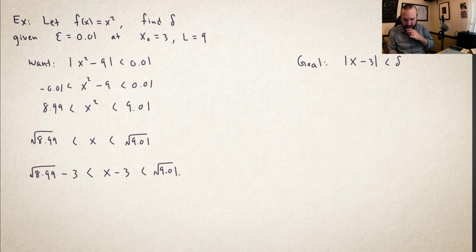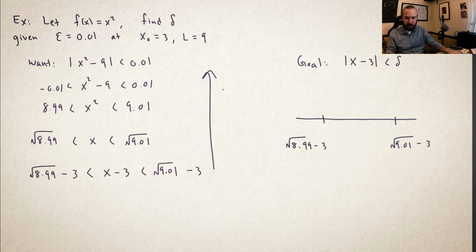And given an epsilon is 0.01, I'm just trying to figure out a delta that is going to guarantee that this process is reversible. So I know that all of the x's that are in this range are going to guarantee that x squared minus 9 in absolute value is less than 0.01.